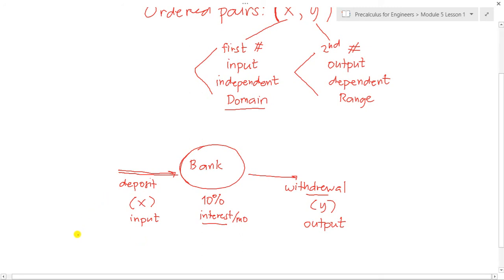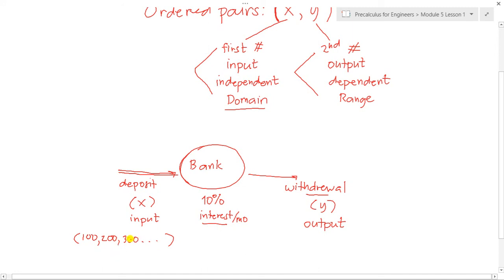You can deposit any money, but it depends upon the bank. I think the maximum is 100,000 or 500,000, I don't know, maybe for deposit or withdrawal. So let's say you can deposit 100 peso or 200 peso or 300, and so on and so forth. So this option area is your domain.